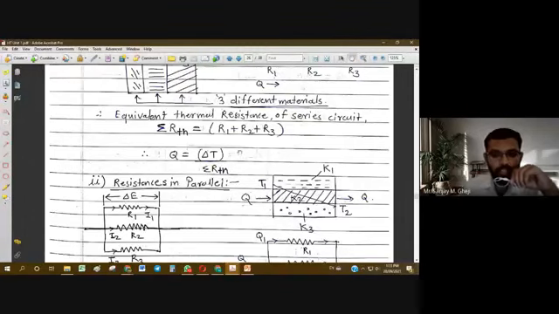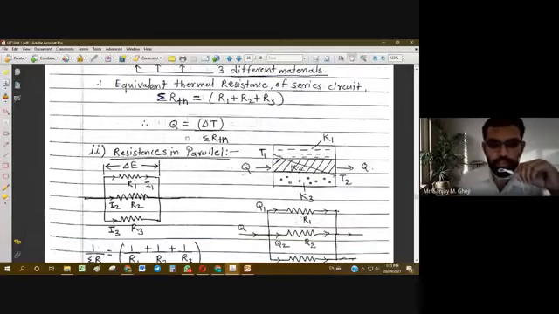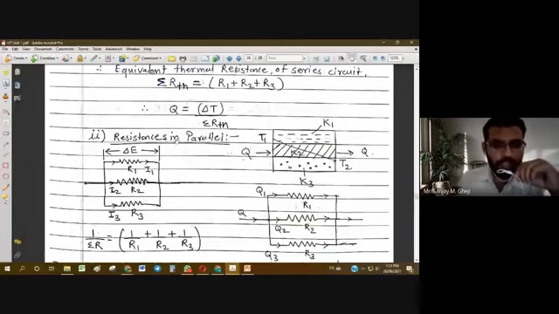So this is just another form of the heat conduction equation. So Q equals delta T upon thermal resistance. This is a general form of the heat conduction equation that we can apply for any specific case.